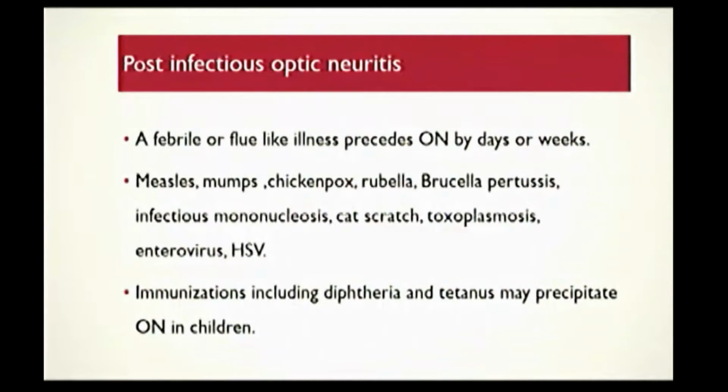The most common viruses associated with it are measles, mumps, chickenpox, rubella, infectious mononucleosis, cat scratch, toxoplasmosis, and enteroviruses. Immunization is also associated with optic neuritis, including diphtheria and tetanus, which might all precipitate optic neuritis in children.